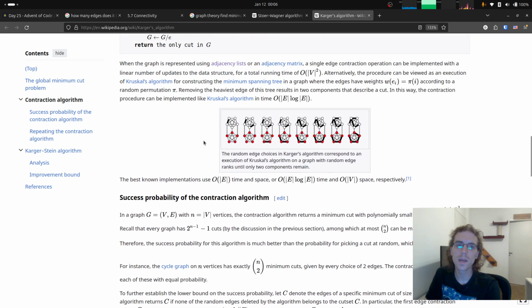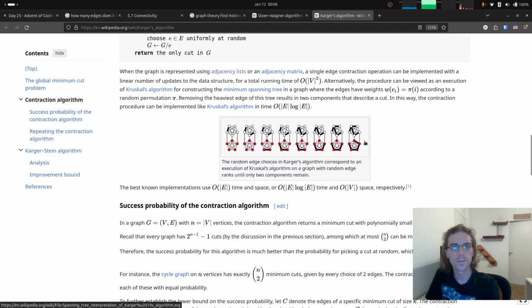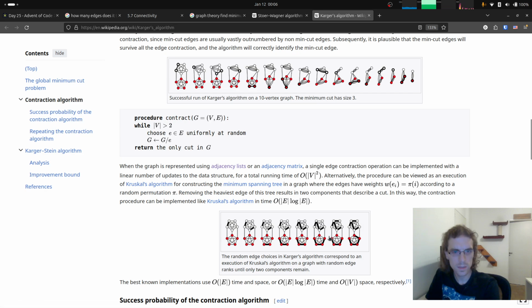So okay, in our case, since we know that the minimum cut is 3, when we do this algorithm, if in the end we have 3 connections between those 2 last vertices, then I don't know what the random edge choice is.